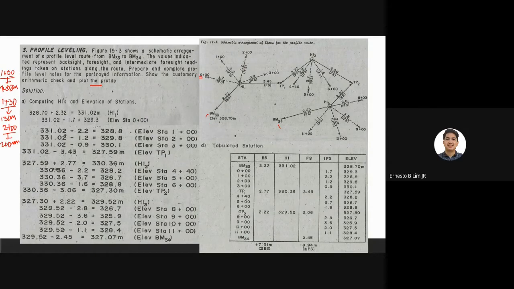The instrument man decided to set up his instrument here. For him this is the most convenient location in order to sight as many points along the route as he can. So this is the convenient first location.